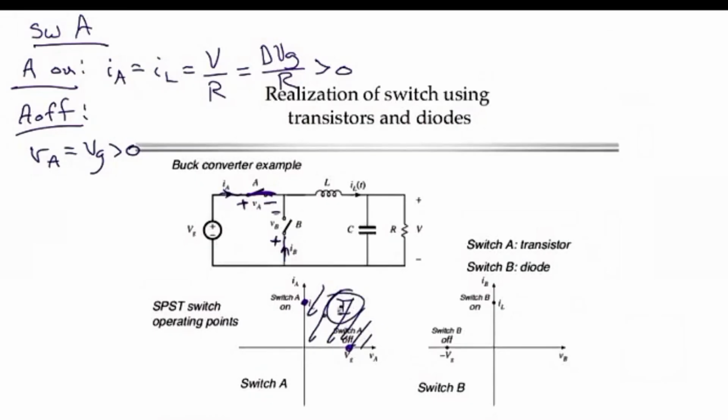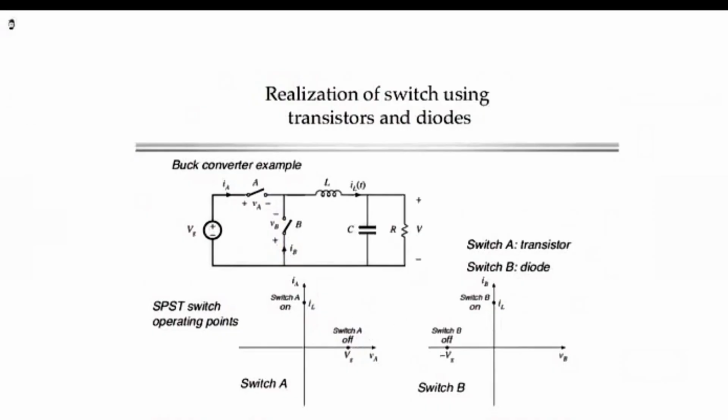And therefore, we can realize the switch with a transistor, say an IGBT. With an IGBT, we can block positive voltage and conduct positive current, which is how it is designed to operate.